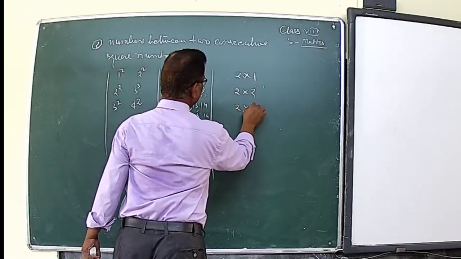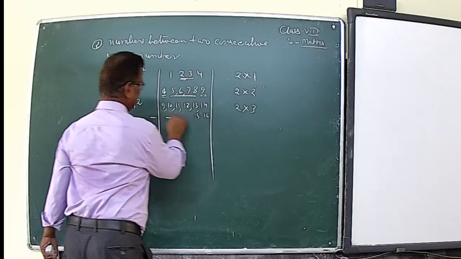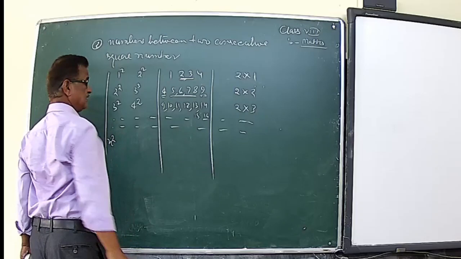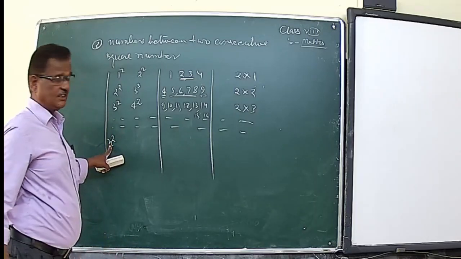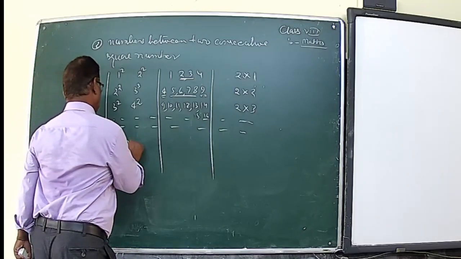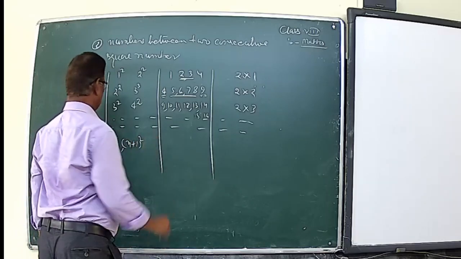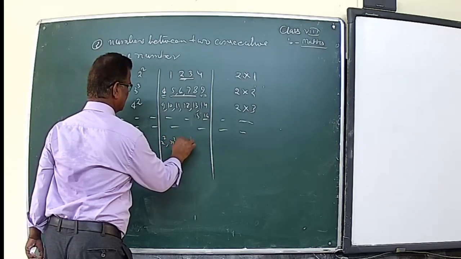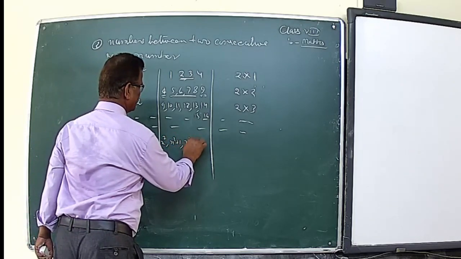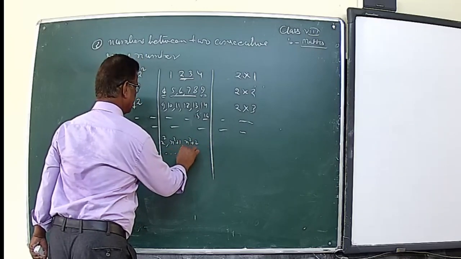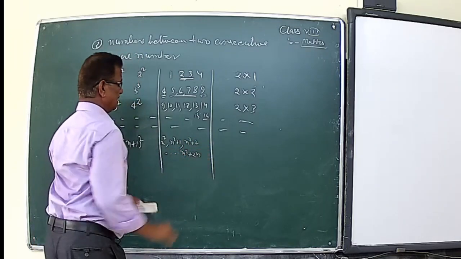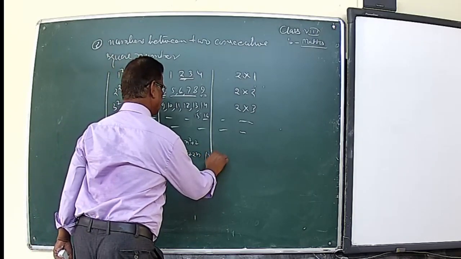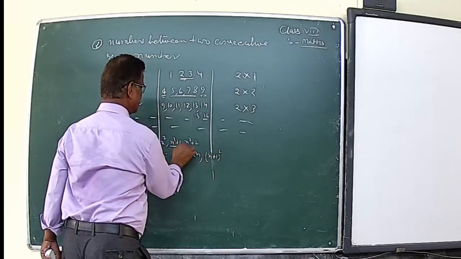Similarly, in general, for the number n, the numbers lying between n squared and (n plus 1) whole squared are n squared plus 1, n squared plus 2, up to n squared plus 2n, and then comes (n plus 1) whole squared. How many are these numbers?